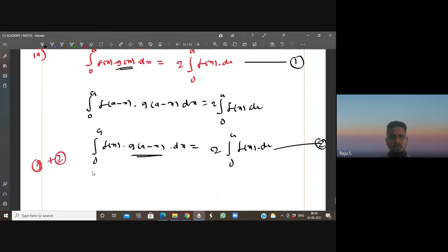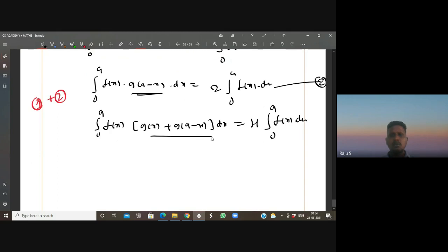Clearly the left side is integral 0 to a of f of x, which is common, times g of x from equation 1 and g of a minus x from equation 2, dx. The right side is 2 times, becoming 4 times, integral 0 to a of f of x dx.